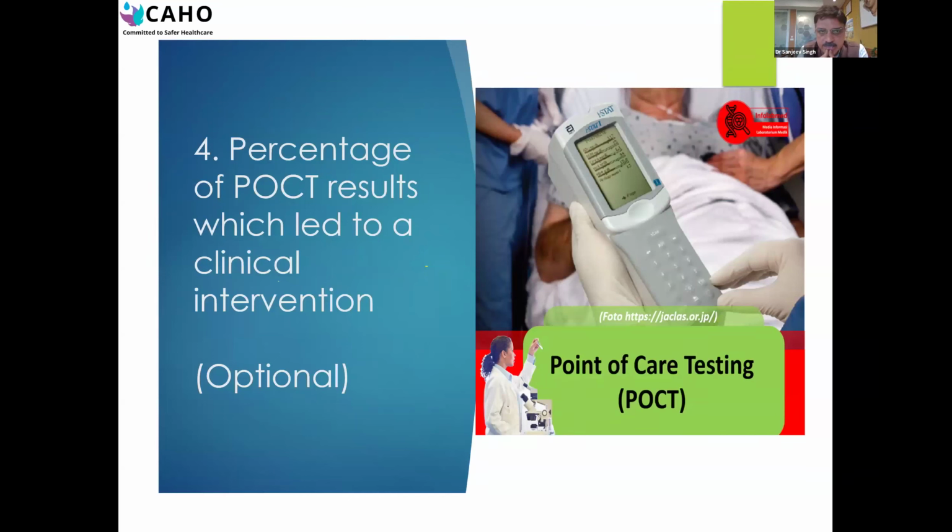Now, the fourth indicator is looking at the percentage of POCT, point of care testing, for any clinical intervention. It is optional because it is just coming in our country. There are lots of point of care tests which got introduced during COVID. It could be PCR based, non-PCR based, for biochemistry, or hematology.